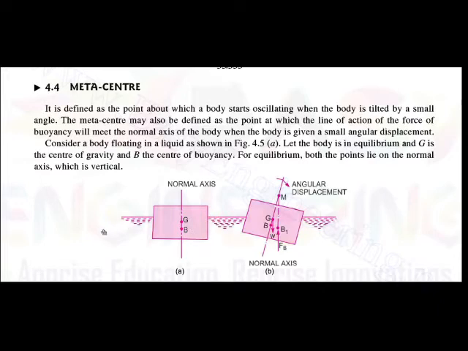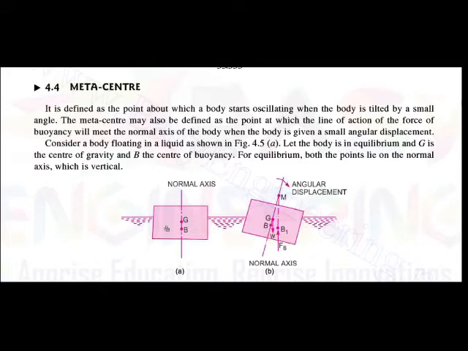It is in the equilibrium condition. G indicates the center of gravity and B indicates the center of buoyancy. When it is floating over the water, the center of buoyancy and the center of gravity are acting on a normal axis, because it is in the equilibrium condition.